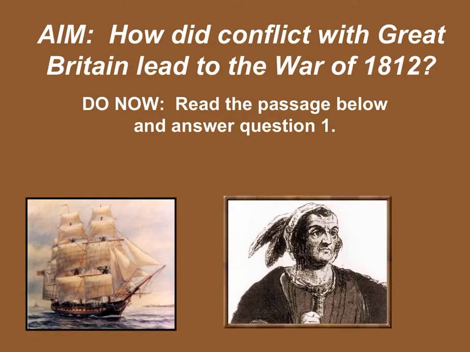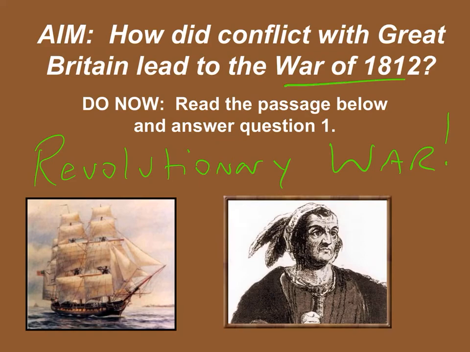Now, think about war with Great Britain. We already had a war with Great Britain, the Revolutionary War. Why the heck do we wind up back at war with Great Britain in 1812? It has to do with bullies. Great Britain was bullying the United States, and American leaders began to become frustrated by this.